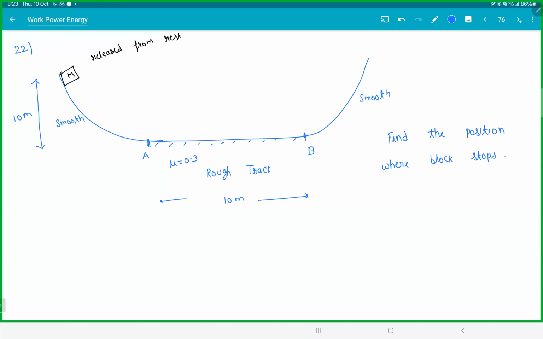Let's get this. I hope everyone's getting the scenario, because only the AB part is rough. Left and right are smooth. So this will keep oscillating, and because of that rough part, eventually it will stop.